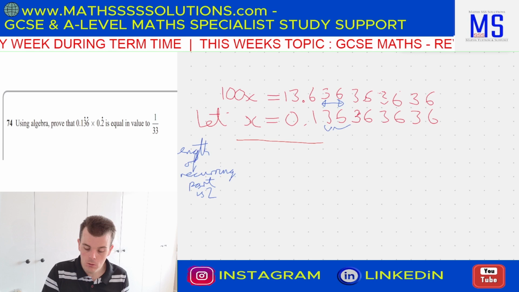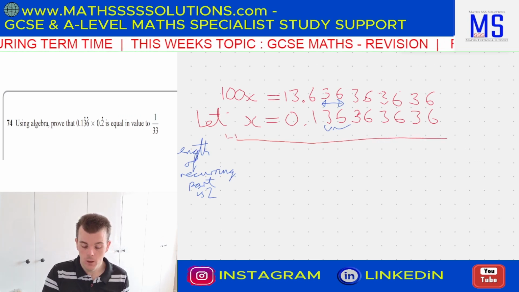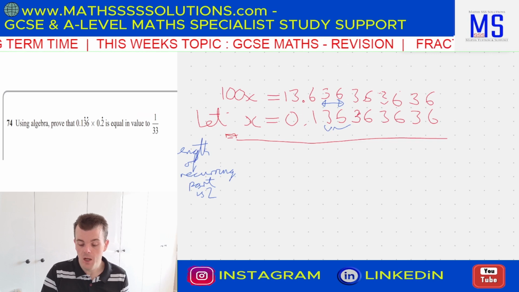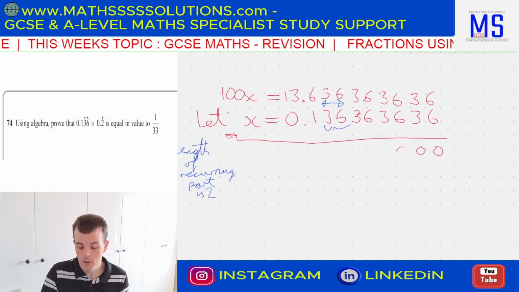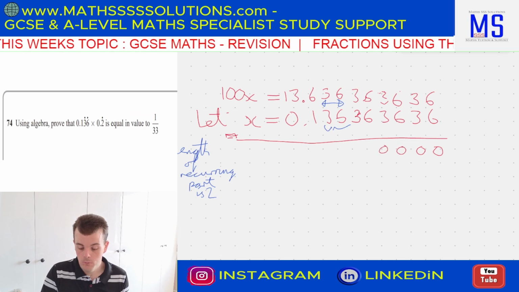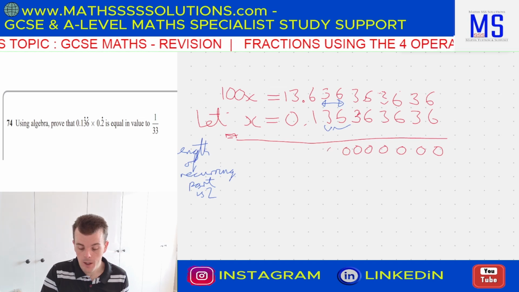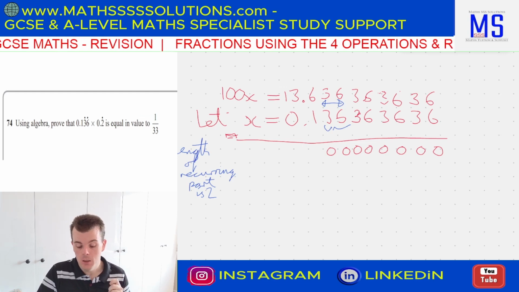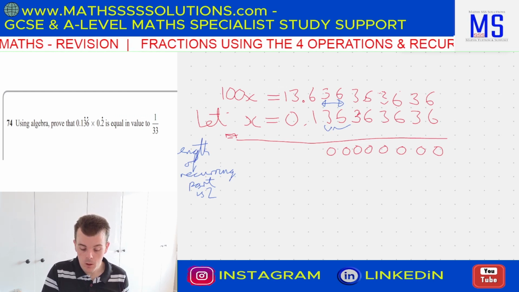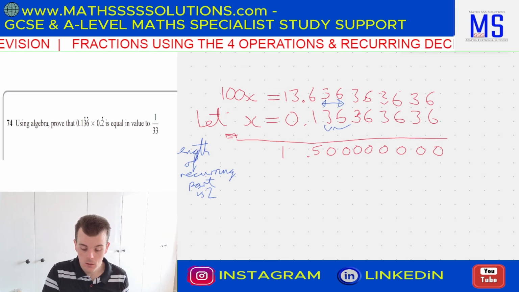You do that so that you can subtract them away from each other, and it will create a terminating decimal. All these would become zeros because it's lined up. Just be careful, not everything after the decimal point becomes 0, but it will be a terminating decimal. 6 take away 1 is 5, 13 take away 0 is 13.